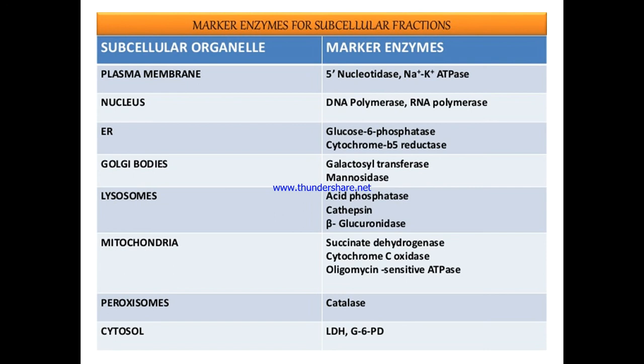For the lysosomes, acid phosphatase, cathepsin, and beta-glucuronidase. For the mitochondria, succinate dehydrogenase, cytochrome c oxidase, and oligomycin-sensitive ATPase. For the peroxisomes, catalase, and for the cytosol, LDH and G6PD.